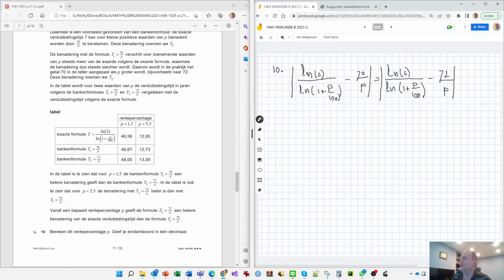So we get something of the form absolute value of a equals absolute value of b, which means that either a is b or a is negative b.